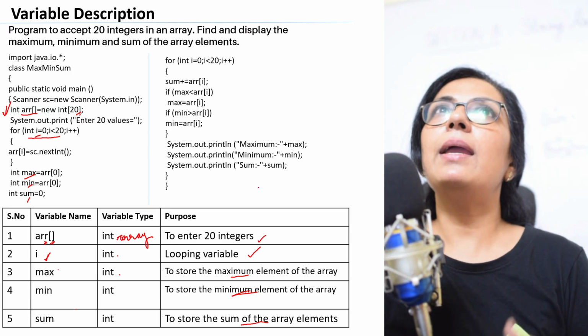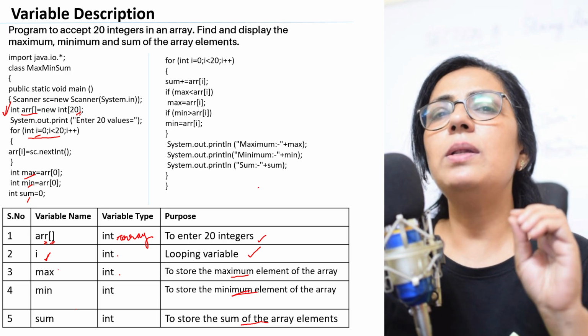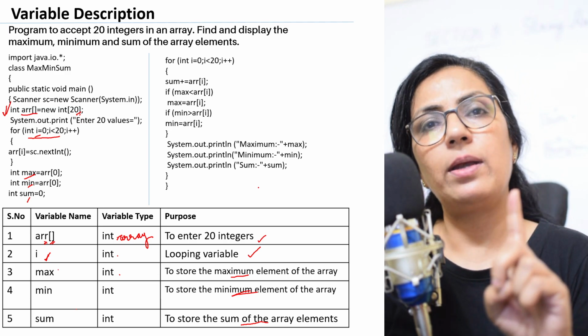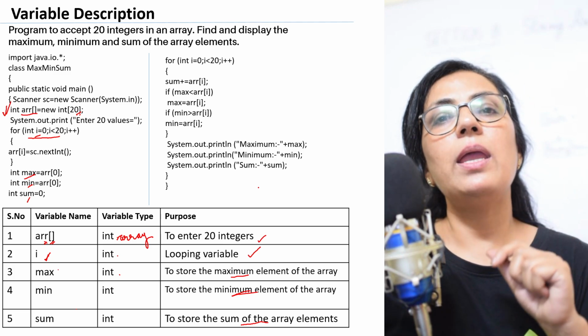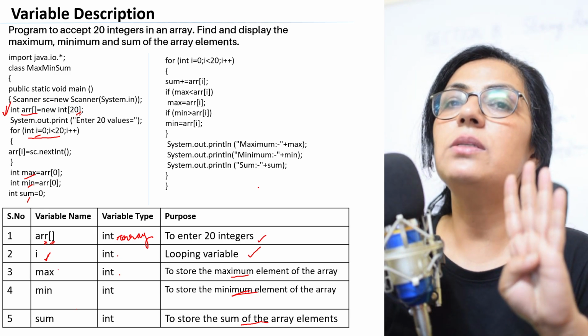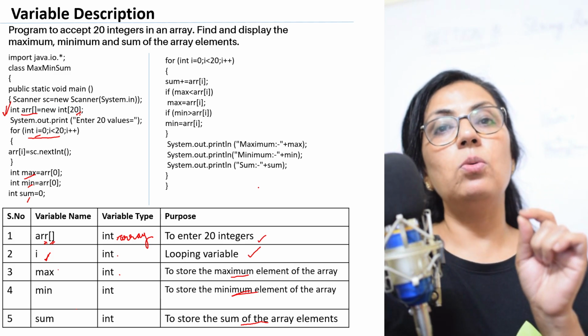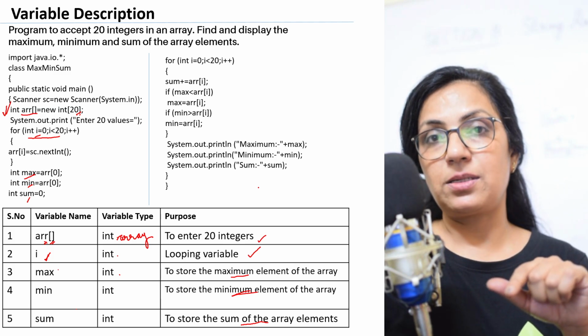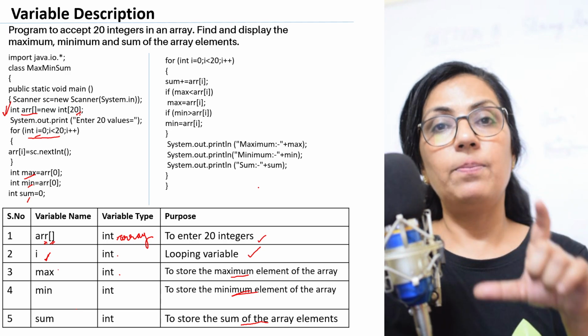And when you write the variable description table, hardly it will take 2 to 3 minutes for one question. That means within 7 to 8 minutes you will be able to write the variable description table for all four programs. But my advice to you is that if it is asked, then do it along with the program.